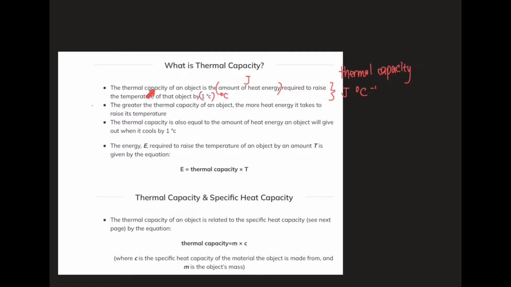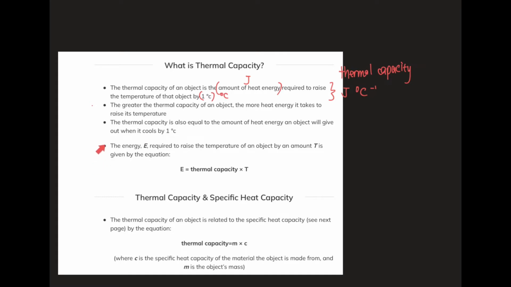But the other way around, when you cool it down by 1 degree Celsius, the object will release this amount of heat energy. So thermal capacity can be used in two ways: either to know how much energy is absorbed during heating of the object by 1 degree Celsius, or how much heat energy is released during the cooling of the object by 1 degree Celsius.